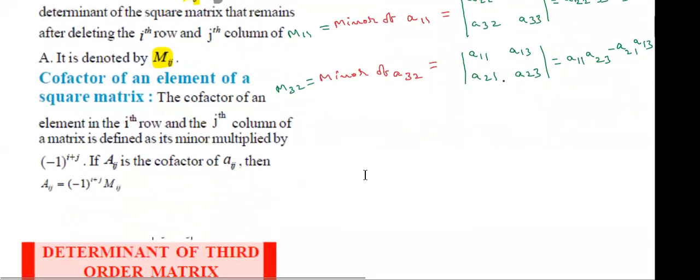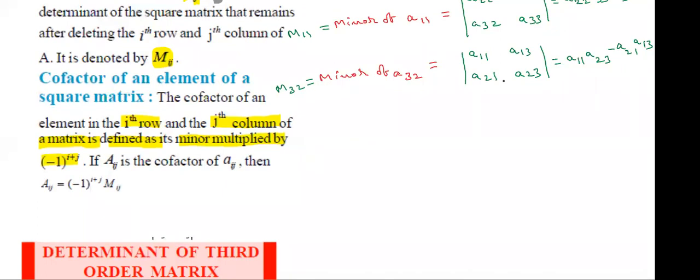Next, the cofactor of an element. The cofactor of an element in the ith row and jth column of a matrix is defined as its minor multiplied by the number (-1) to the power i plus j.